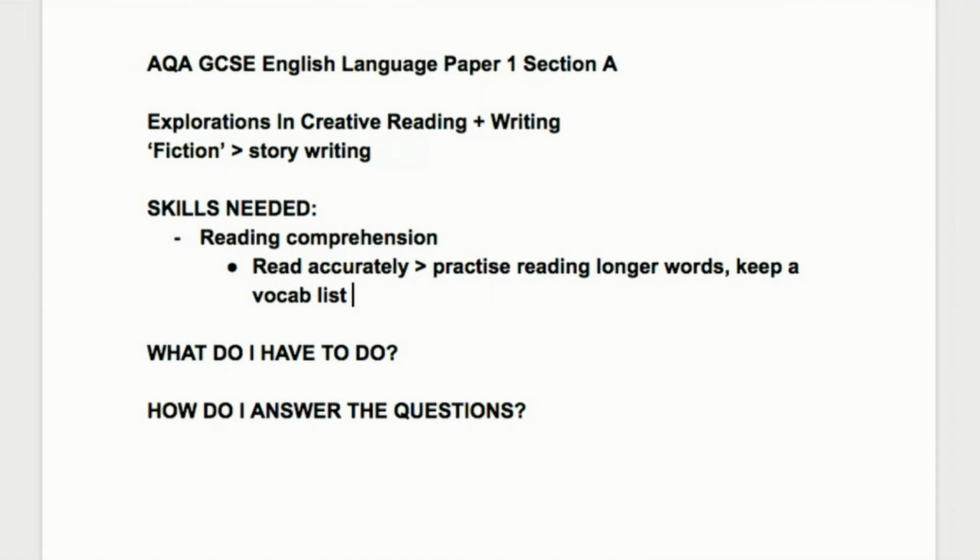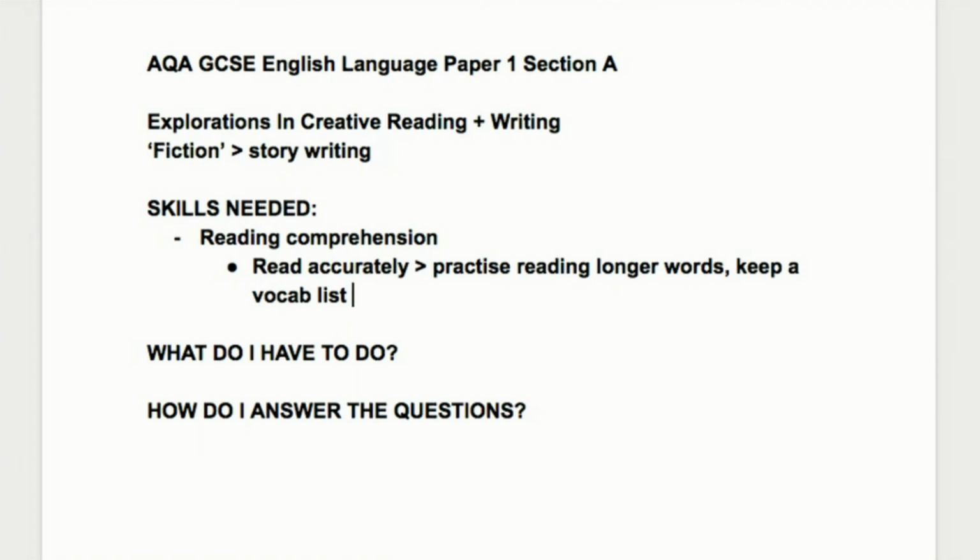Vocab list is really important. I kept one from probably age 12 onwards because I was really scared of being bad at English, and I knew that I was dyslexic and I knew that it would be a problem for me. So I really tried hard to counteract that problem, and one of the most effective ways was to keep a vocab list.